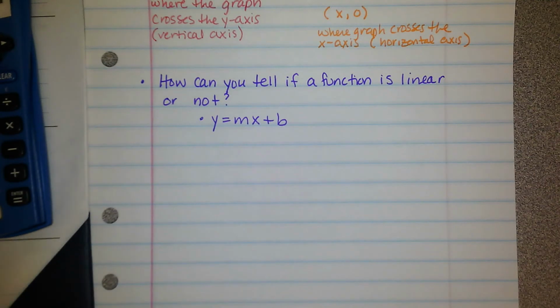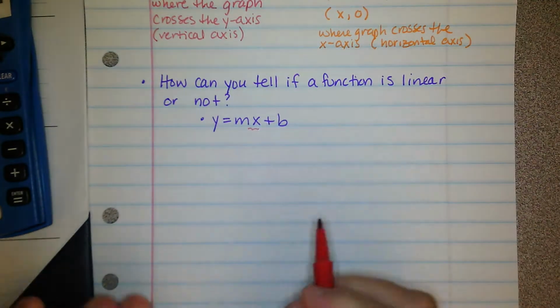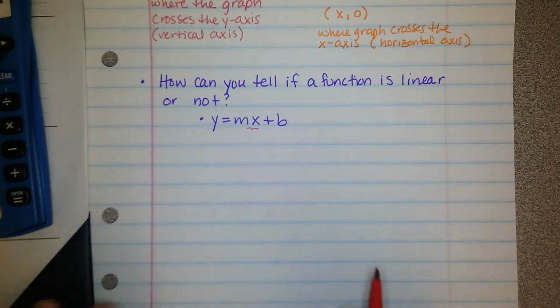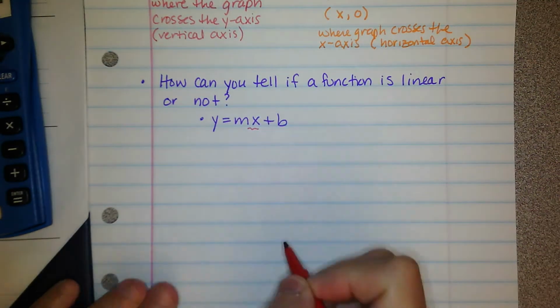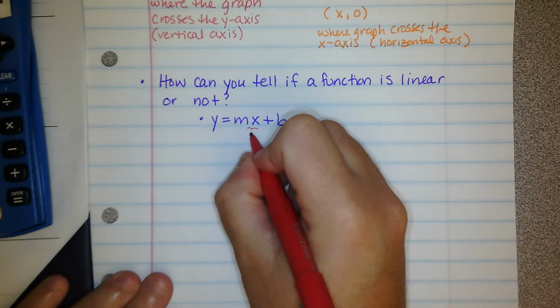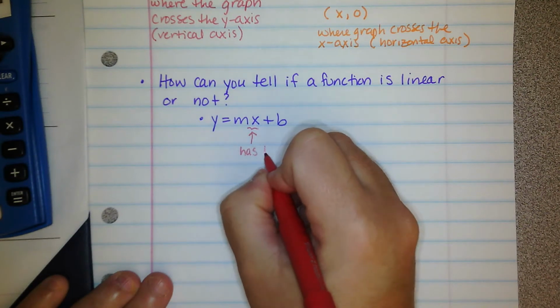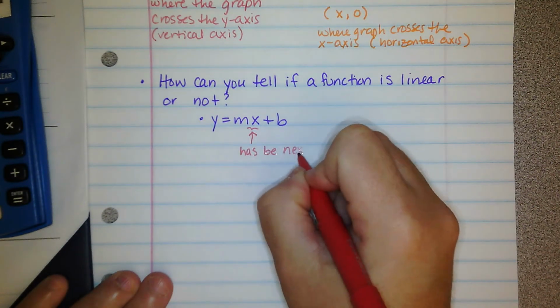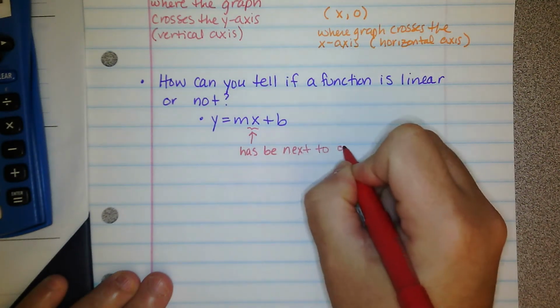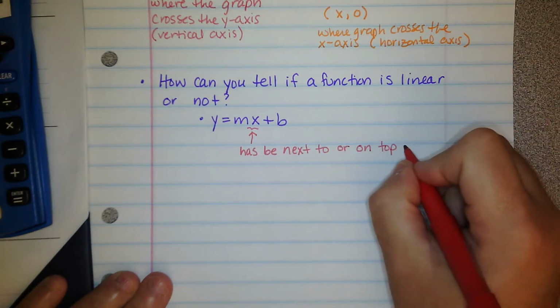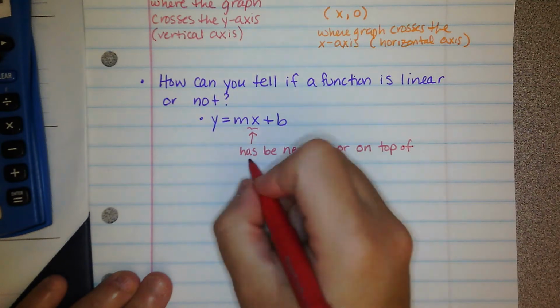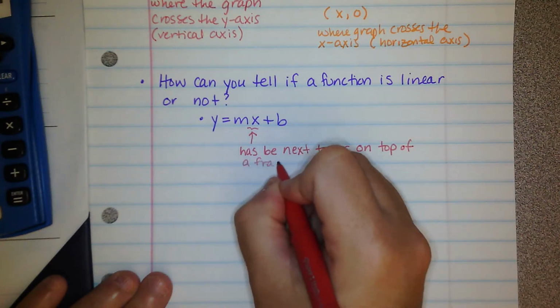Basically, the variable for x, or whatever your f of is, it could be f of t, f of h, whatever the variable is in question, the independent variable, has to be next to or on top of a fraction or constant.